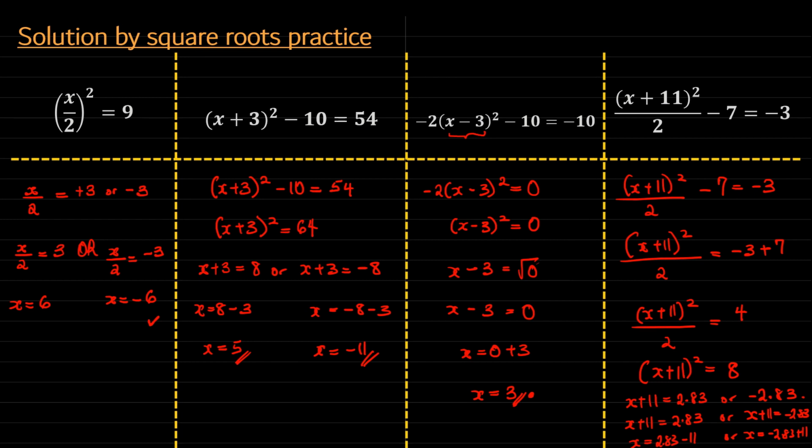Okay, so my two values for x are, sorry, I'm having to minus the space, 2.83 minus 11, which is minus 8.17, or on the other hand, no, hold up, that should be minus, sorry, my bad.